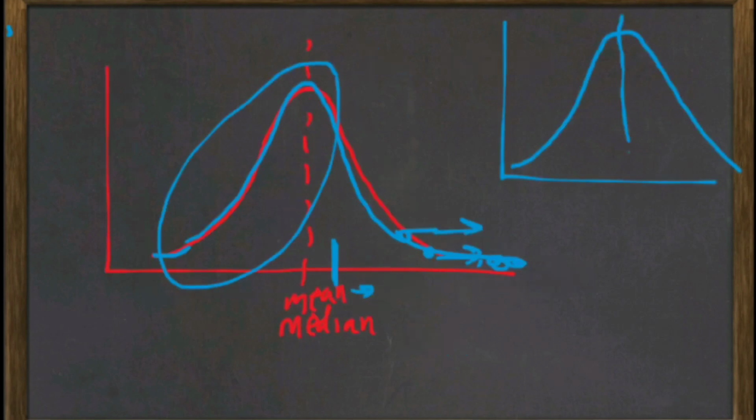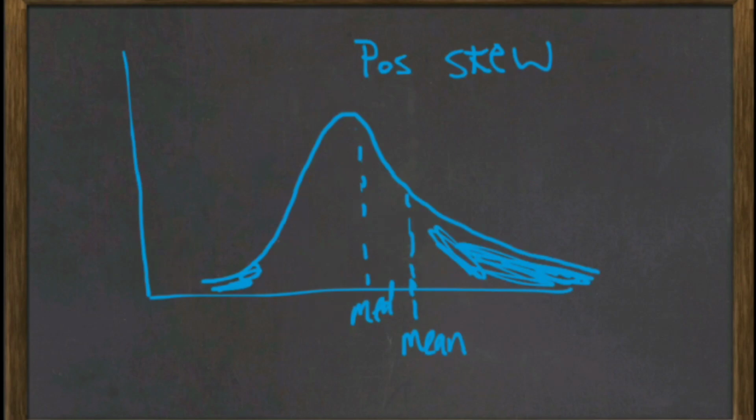And so that's why both are often reported, because it gives you a little sense of what's maybe happening here. If I report to you that, for a class height, the median is 5'6", but the mean is 5'9", that's going to start to give you a feel that there's maybe a few really tall people in the class.